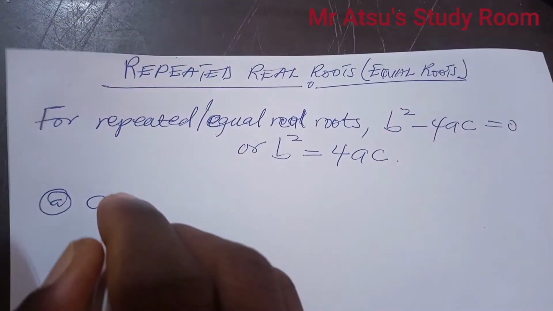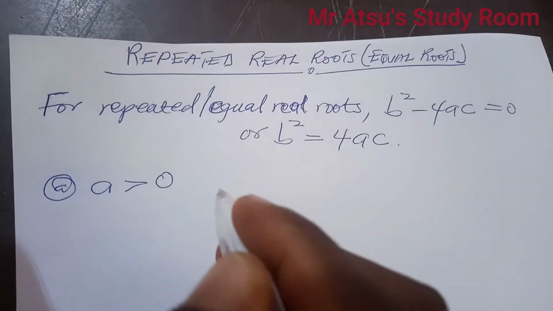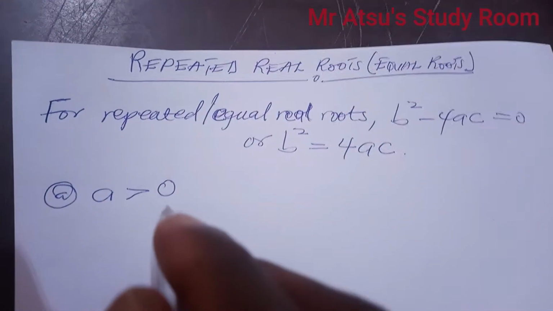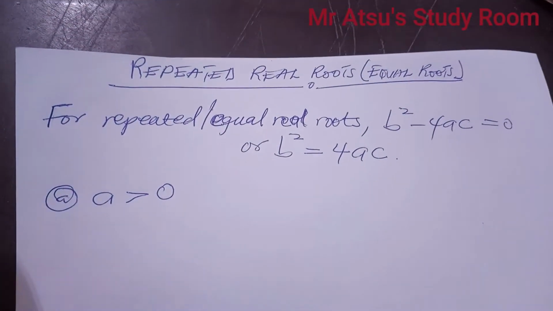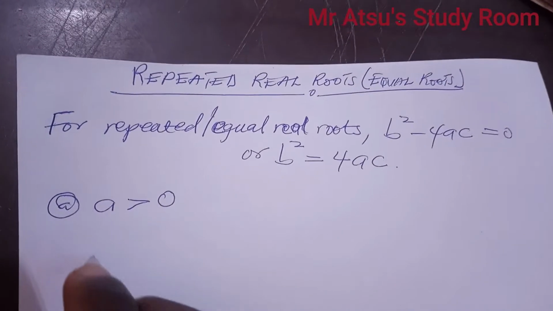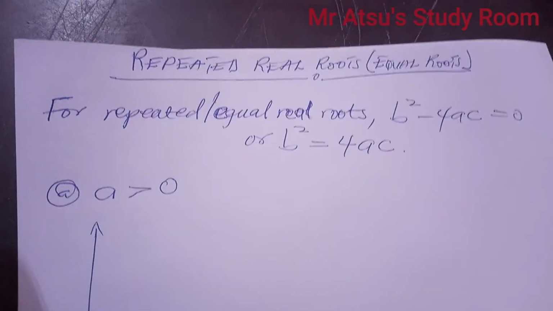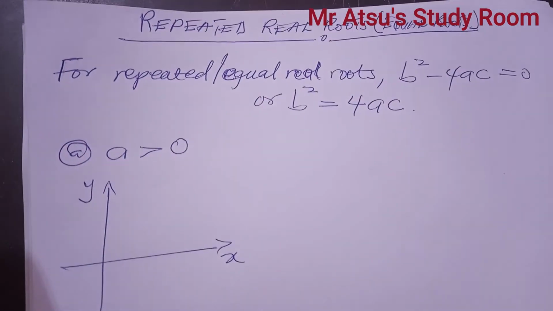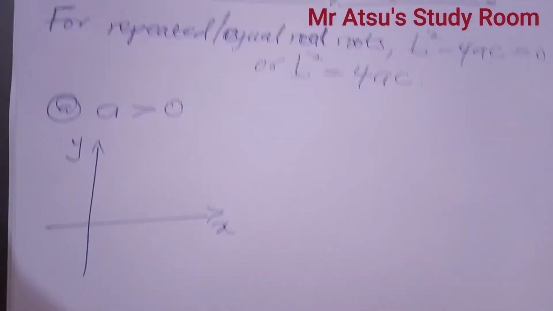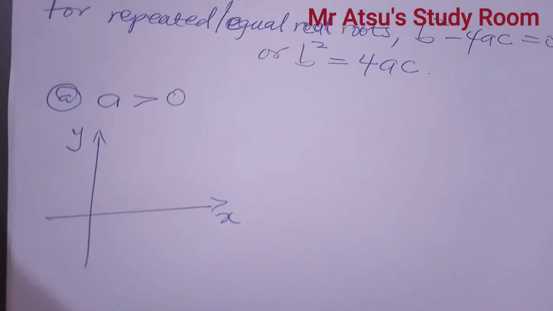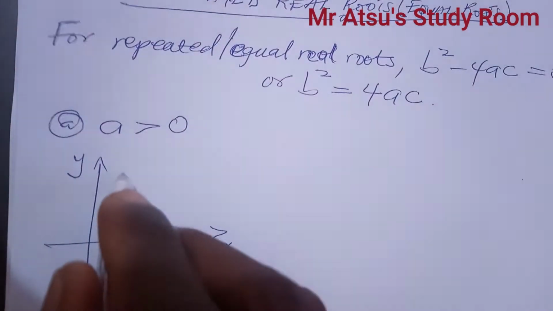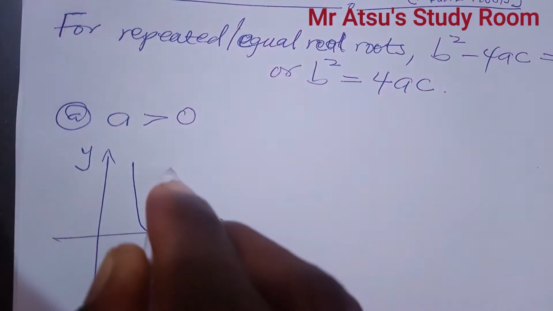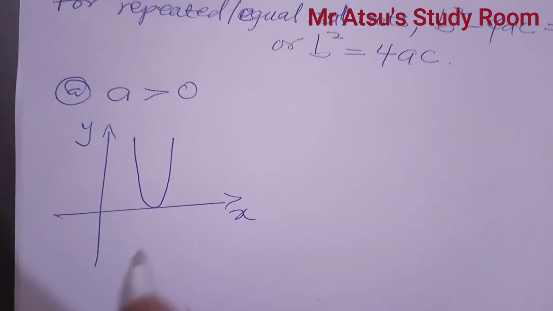So in the graph where a is greater than 0, that means the graph will look like a U or dome shape. We'll sketch our graph like this. This is our x-axis, this is our y-axis. For repeated roots, our curve will only touch the x-axis.